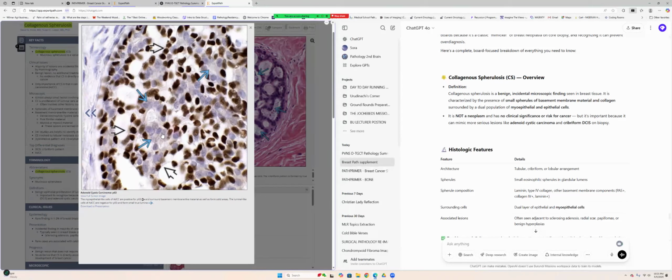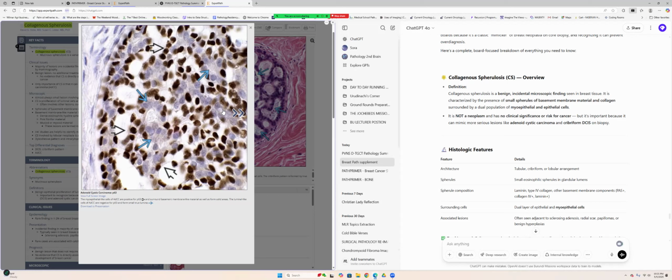So luminal cells are negative, while the basal cells around the membrane-like materials are positive.